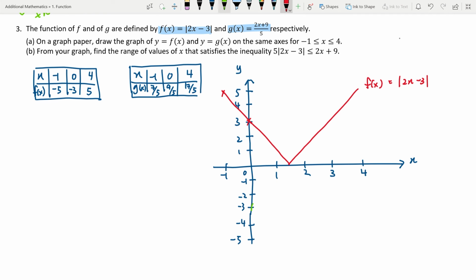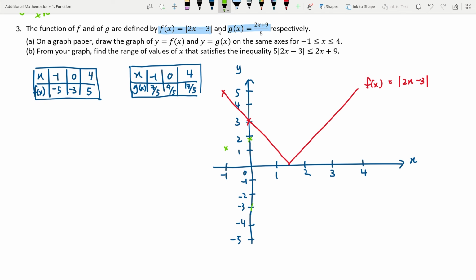Now we sketch the graph of g(x) without the modulus. When x is -1, g(x) is 7 over 5, which is 1.4, roughly here. When x is 0, our g(x) will be 9 over 5, which is 1.8.